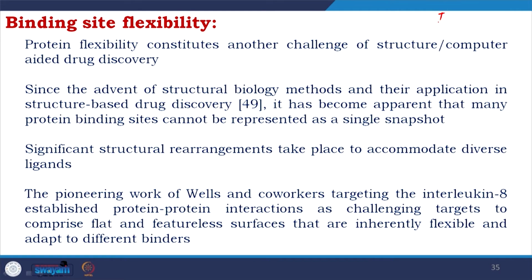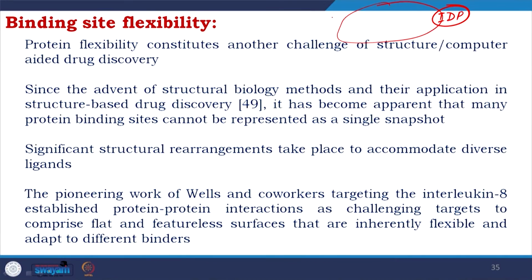In this context, I would also introduce something called IDP. If you search Google now, you will see intrinsically disordered proteins. There are proteins, especially very important proteins, which serve as a kind of platform in very critical biological events, let us say replication or transcription.